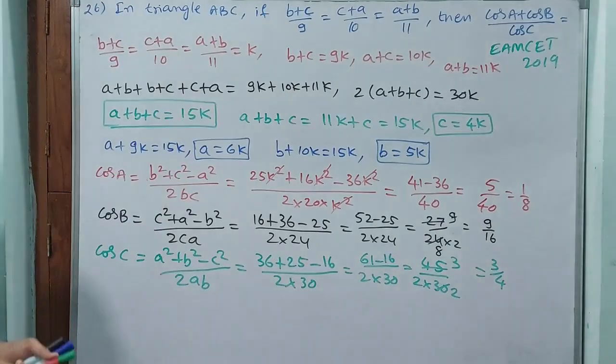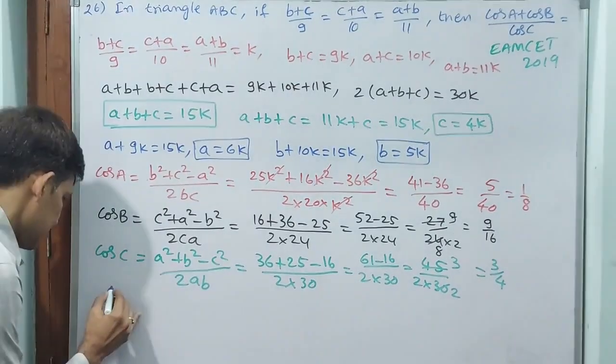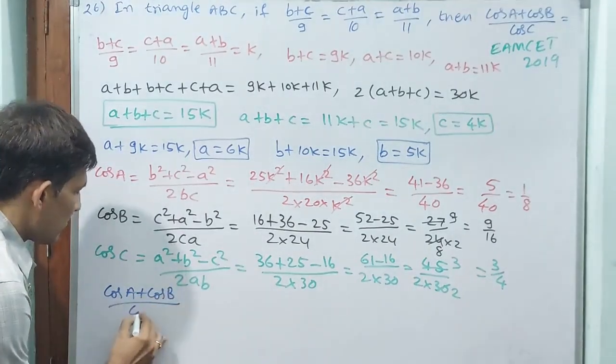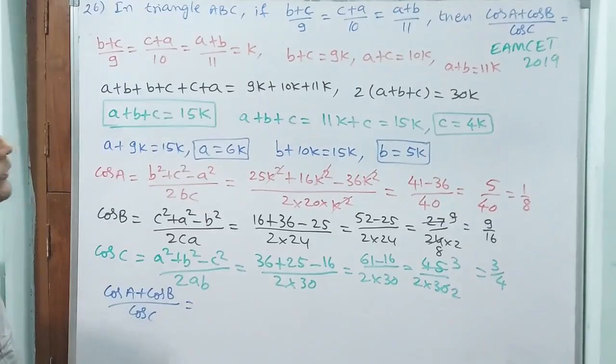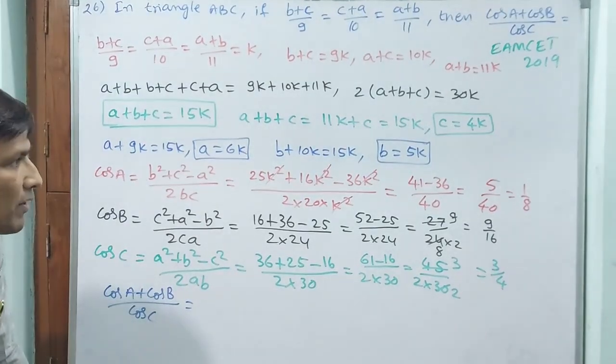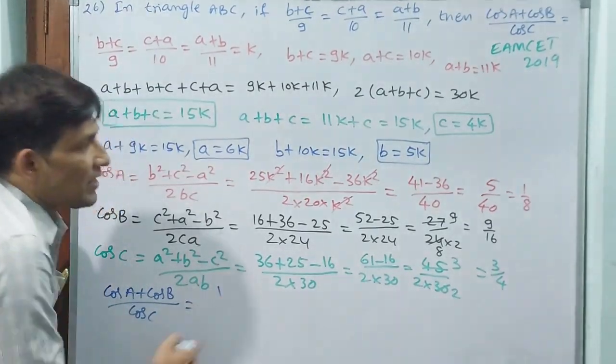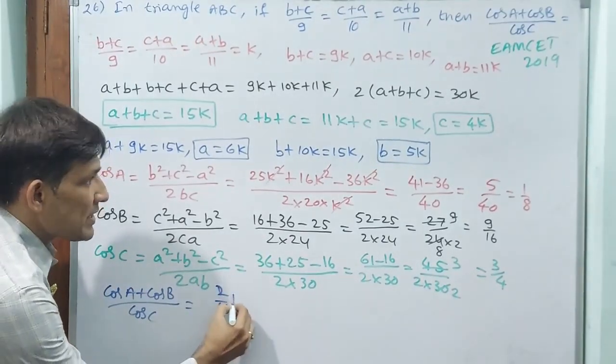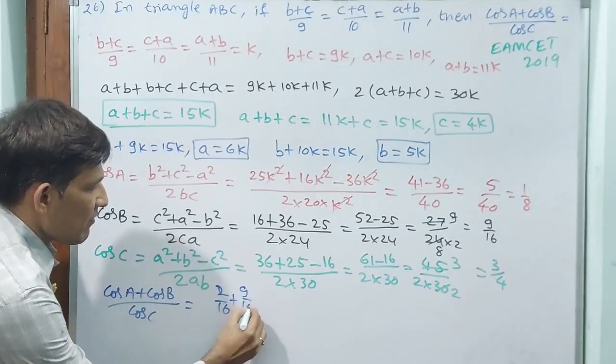Now go back. What they asked: (cos A + cos B) by cos C. Right now, (cos A + cos B) by cos C is equal to 1 by 8 plus, or shall I write 2 by 16? 2 by 16 + 9 by 16. Why have I written this?